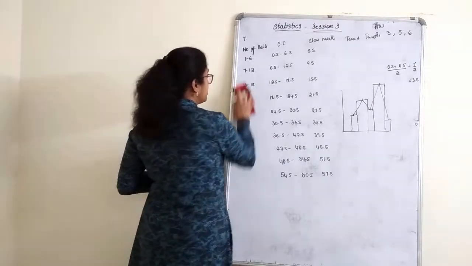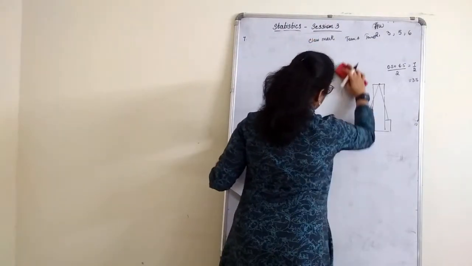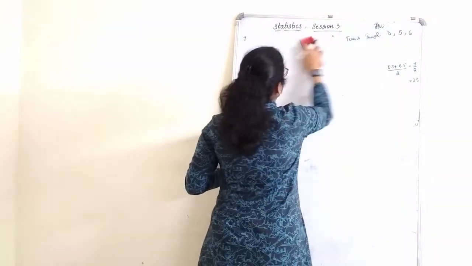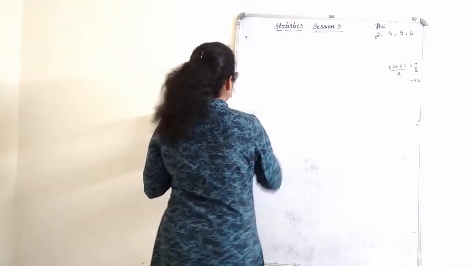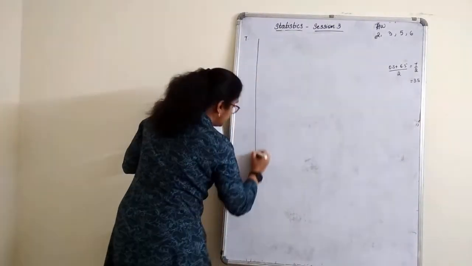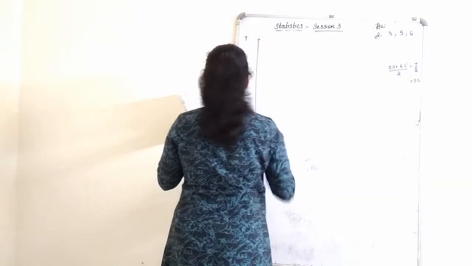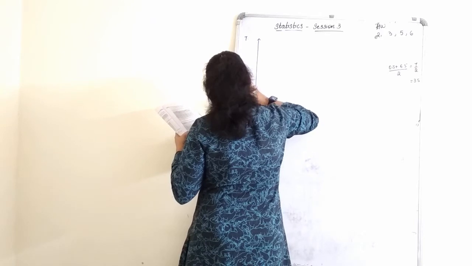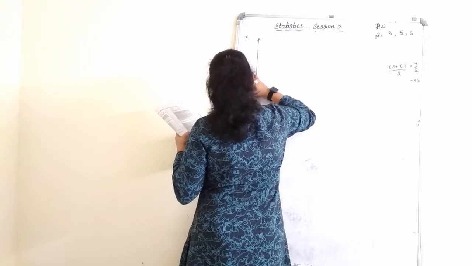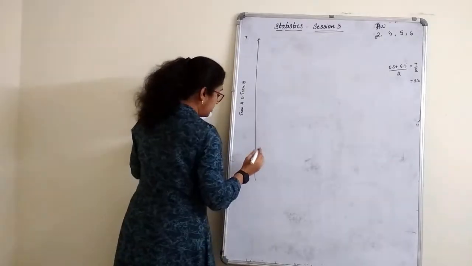I am going to erase this now. And both should be represented in the same graph, Team A and Team B. So let's just see how it comes. So in the y-axis we have Team A and Team B. I think 1, 2, 3, 4, 5, 6 will do here.